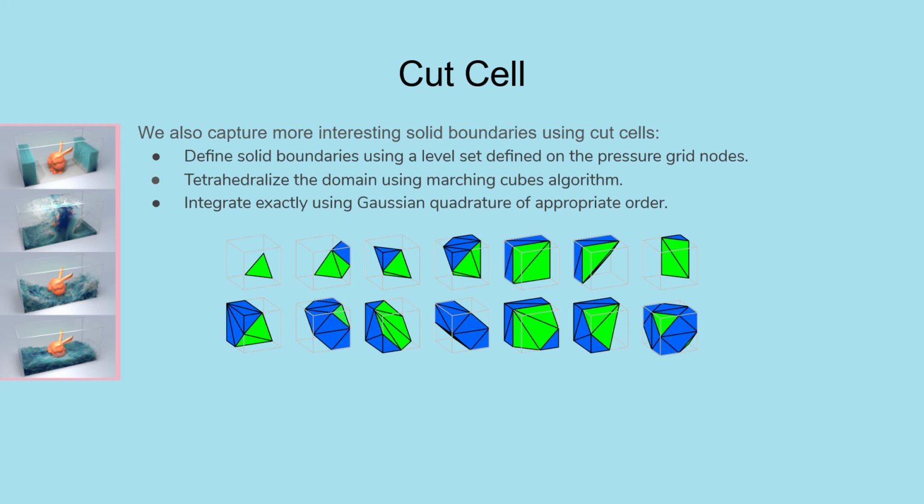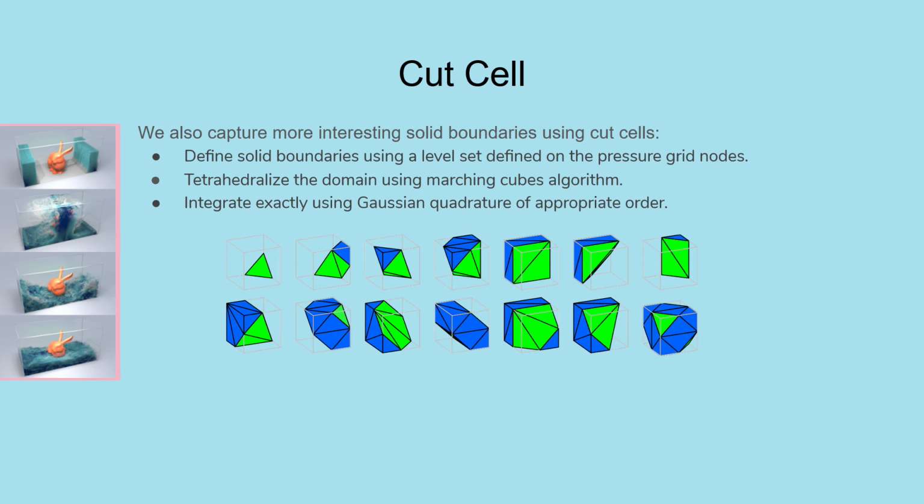Finally, we integrate over these tetrahedra and boundary triangles in the integrals defining our mass, divergence, and boundary condition matrices to achieve our cut cell formulation. We are able to evaluate these integrals exactly using Gaussian quadrature of sufficient order, as the domains are triangular and the integrands are polynomials. In this figure, we show the essential cases in 3D.